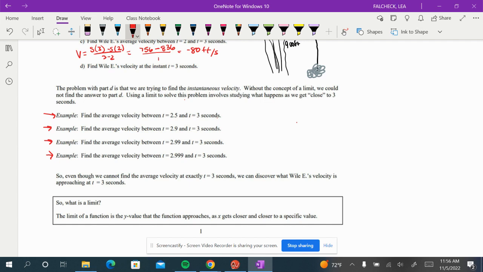Okay, so what you're going to want to do is set yourself up a little chart. Okay, so you're going to go ahead and find the average velocity here. You're going to find the average velocity here.